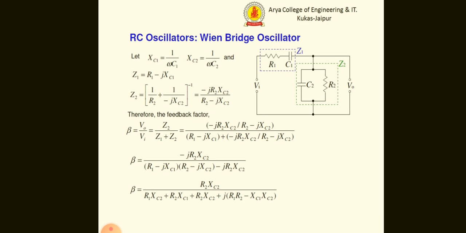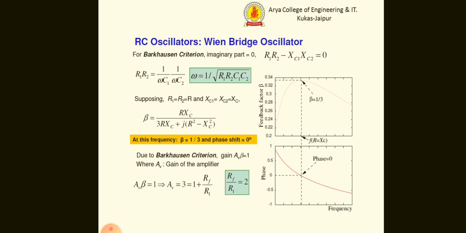Here we have defined Xc1 and Xc2 as 1 upon omega C1 and 1 upon omega C2 respectively. Having the values of Z1 and Z2, we can find the value of the feedback factor beta for the Wien bridge oscillator. For the Barkhausen criteria, we put the imaginary part equal to 0 and hence obtain the resonant frequency, which will be 1 upon under root R1 R2 C1 C2.